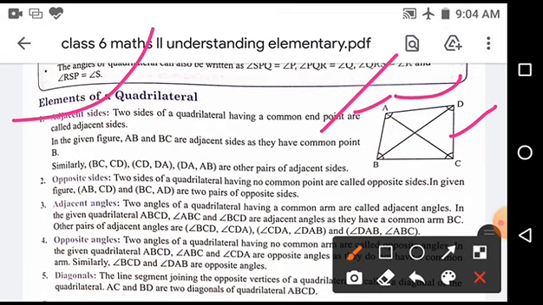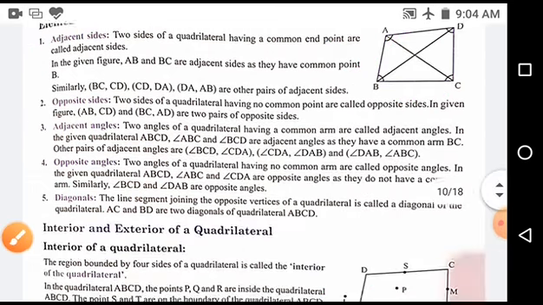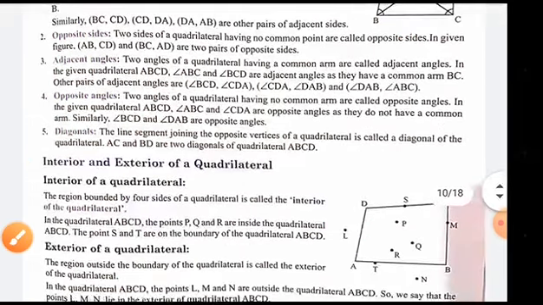Here, angle A and angle D are called adjacent angles or adjacent vertices. Now, AC and BD are called diagonals. Clear? Here, AD and BC are opposite sides. In the same way, AB and CD are also opposite sides. So these are the basic elements of a quadrilateral.